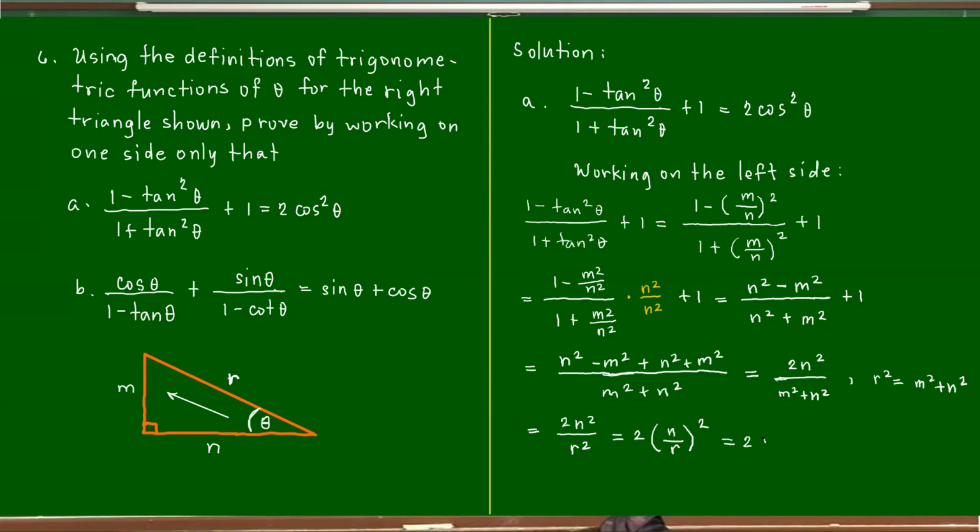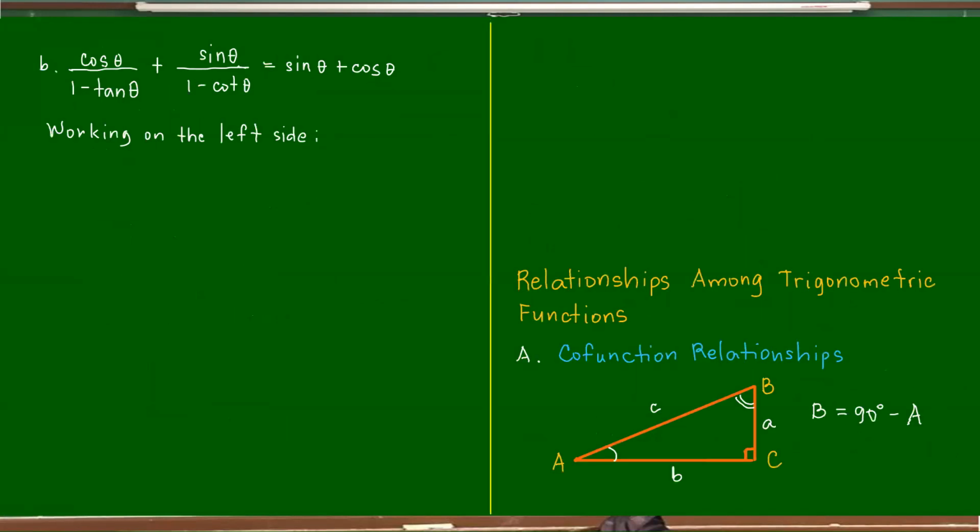Cosine theta. Then square it, since it is squared. And that's it. So we're now done. So proven, using the definition of trigonometric functions. Did you understand, guys? So you can use even trigonometric functions to prove trigonometric identities.